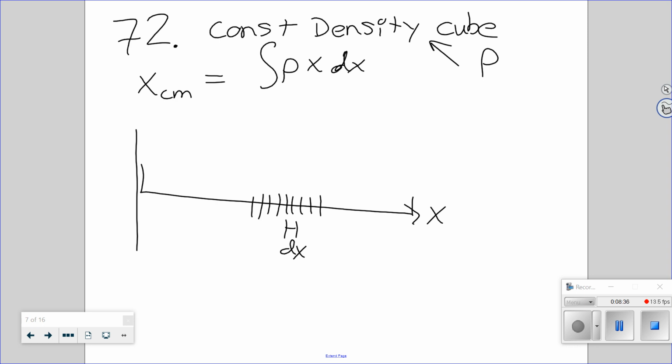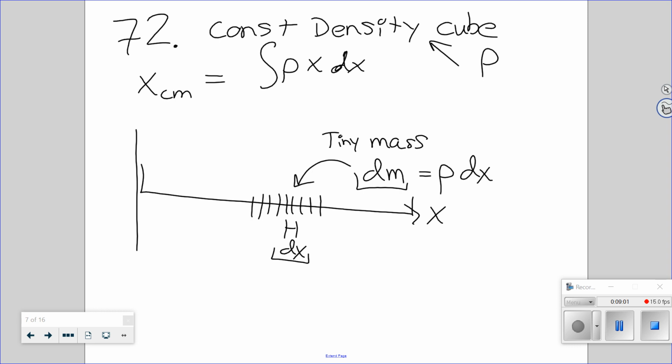But in physics, we say it also has a tiny mass, because physics objects have mass. We call that little dm. Just like this is an infinitesimal unit of length on the x-axis, this is an infinitesimal piece of mass. But it's just the same density that the object has times the infinitesimal length.